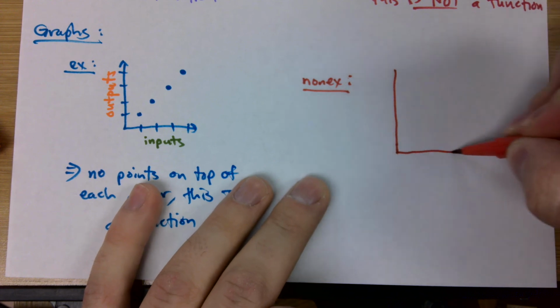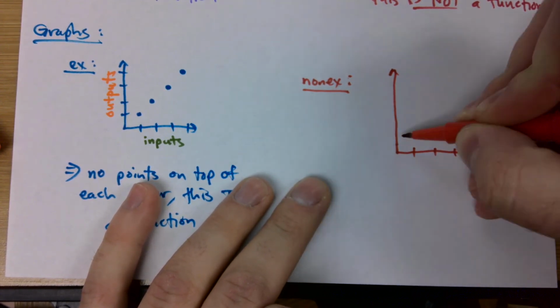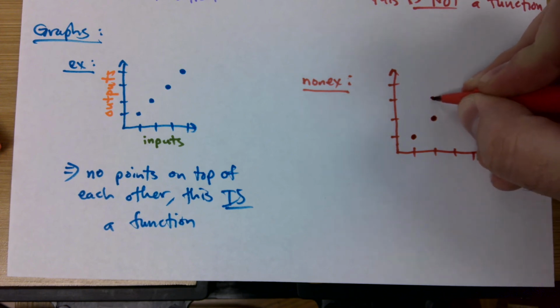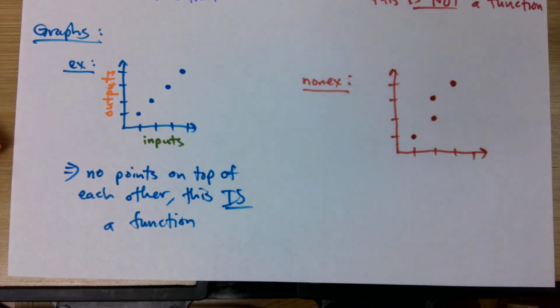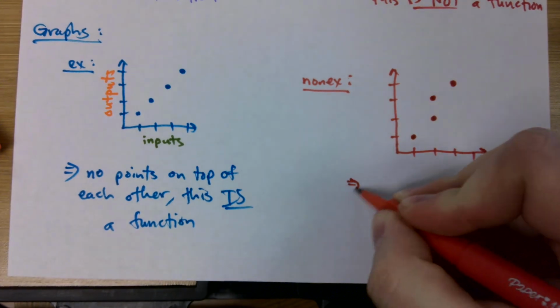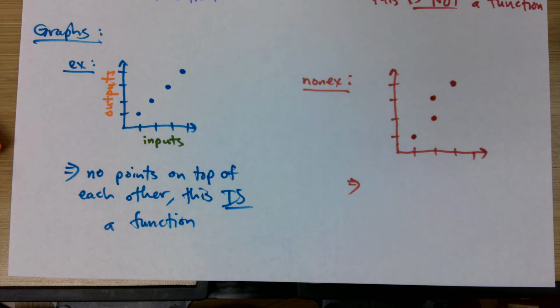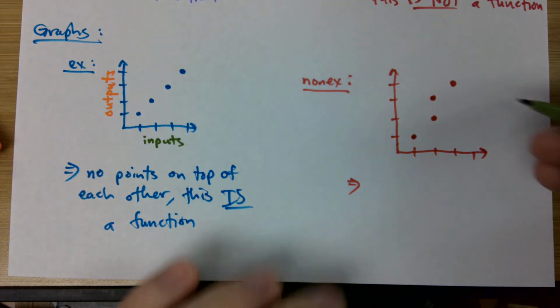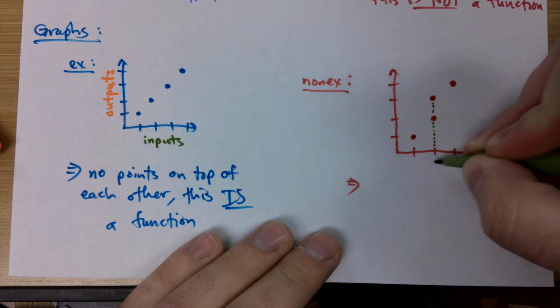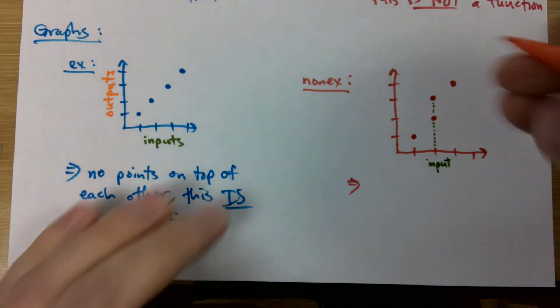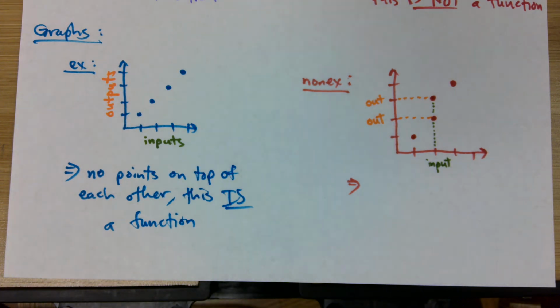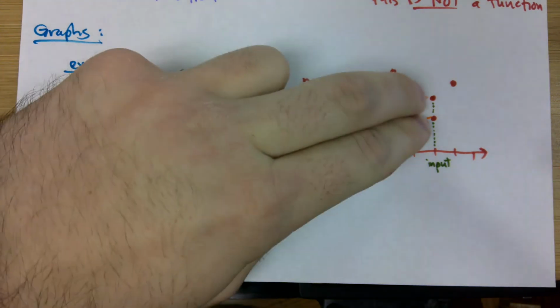If we take a look at our non-example here, and then we'll be done. Let's sketch one more quick little graph. 1, 2, 3, 4. 1, 2, 3, 4. Now we've got something that looks like this. So if we have a graph like this, we can see that we've got 2 points here that are on top of each other.